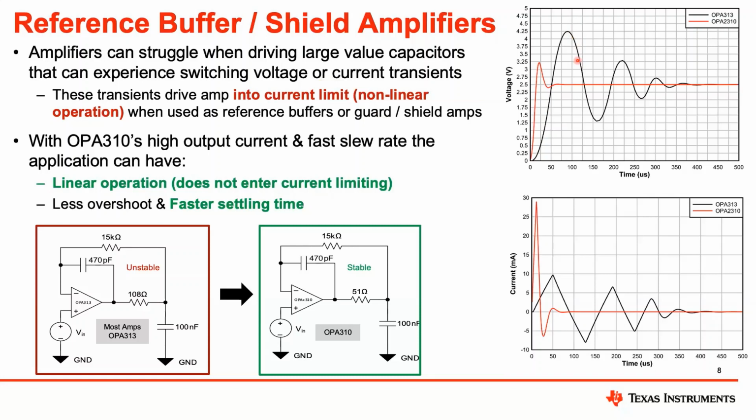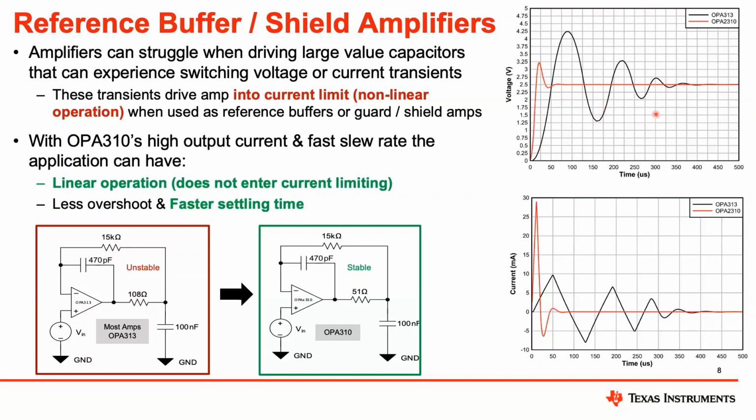So you can see on the right-hand side the voltage versus time and current versus time, where we're comparing the OPA2310 against the OPA313. The OPA2310 has a much smaller overshoot, as well as being able to settle in less than 100 microseconds, versus the OPA313, which has enormous overshoots and a ringing that goes on for almost 500 microseconds.